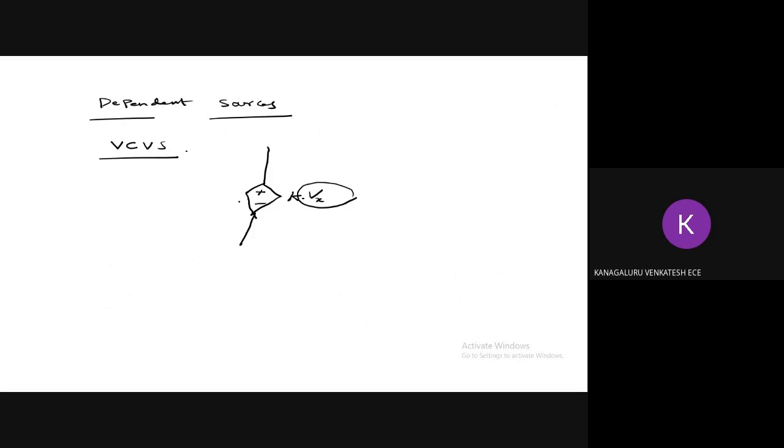Similarly, if I want to represent the current controlled voltage source, here the controlling parameter is current, but it is a voltage source. So how can I represent that?